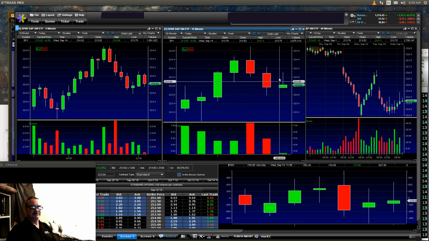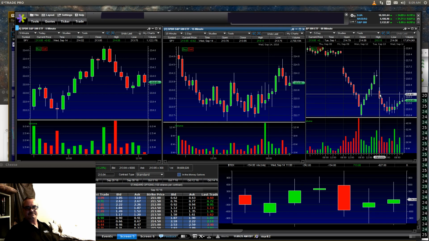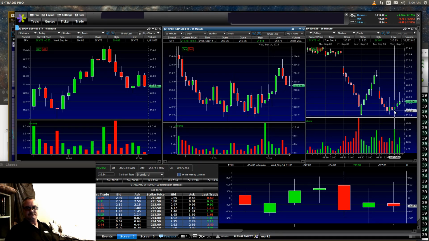I don't like the big huge candles. I'd rather wait for a few more candles to come in. So we drop down. Here we go, the 14th. It really didn't open gapped up or down or anything really.